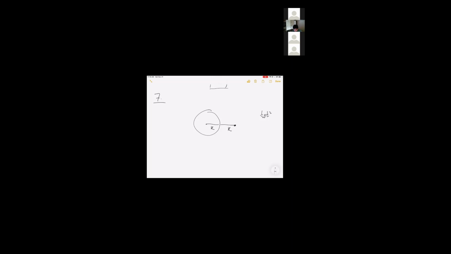Ethan brings up a way to do this problem, which is that if I call this position X, then Newton's second law tells me that m x double dot is equal to negative GMm over x squared. So this is some differential equation that you could try to solve, but this is not necessarily very easy to solve. So if you write this down, you might get stuck.